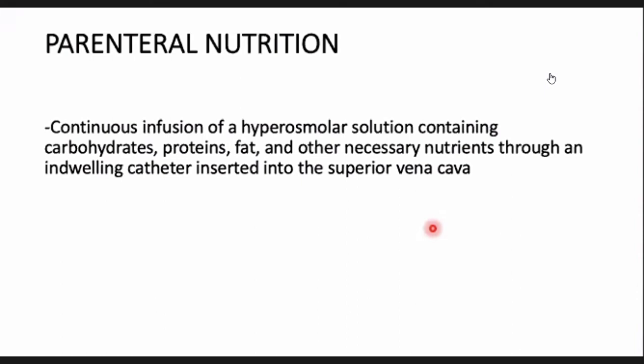It is important to note that when we give parenteral nutrition, especially for patients more than 2 weeks, it is always important to give it via a central line or central access. If less than 2 weeks, we can give the parenteral nutrition through a peripheral line.